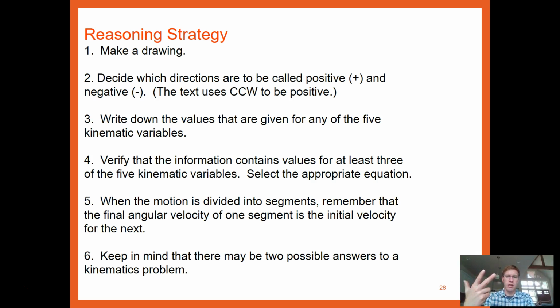Write out a list of your knowns and unknowns, figuring out which kinematic variables you have and which ones you're looking for, and then try to set up which of the equations is most likely going to be useful. Each one is missing a different variable, so try to isolate just one single variable you need. If not, you might need to select multiple equations and solve multiple equations for multiple unknowns. Once you do that, try solving and see whether or not your answer makes sense.